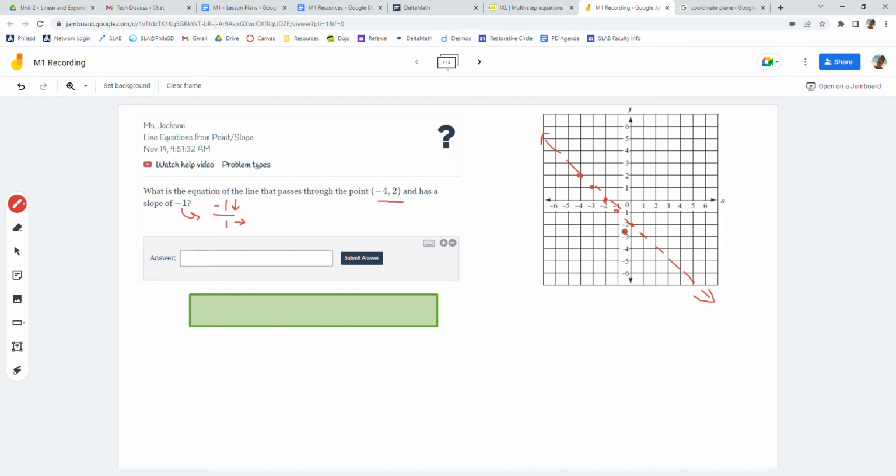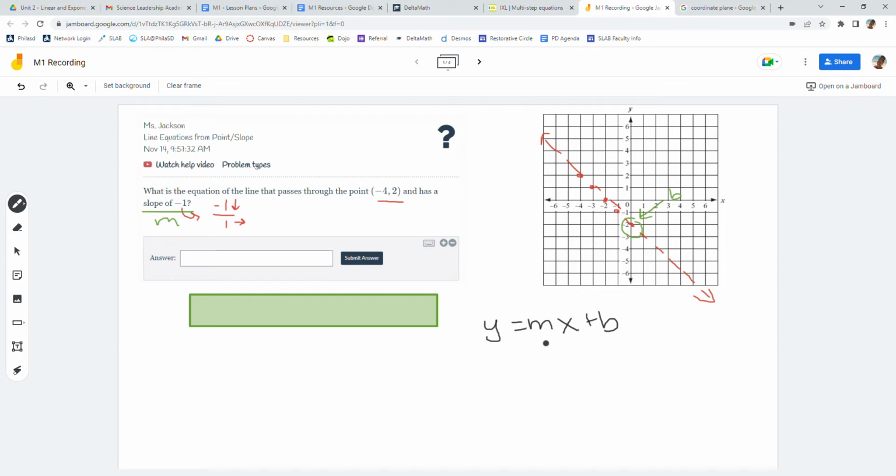So now we have not only the slope, right, but we also have our y-intercept. So where our graph crosses our y-axis at -2. So now, given the slope and our y-intercept, so this is our m, and this would be our b, we should be able to write an equation in the form y equals mx plus b.